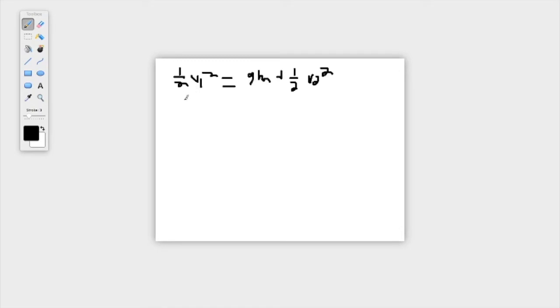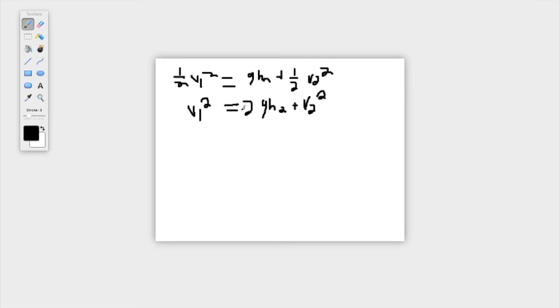So basically what we can do is multiply by 2 on both sides, so v1 squared equals 2gh2 plus v2 squared. And you can actually see this is one of our kinematics equations.